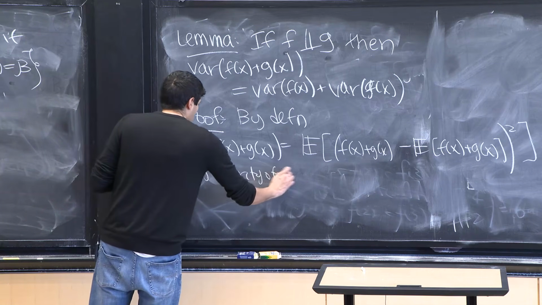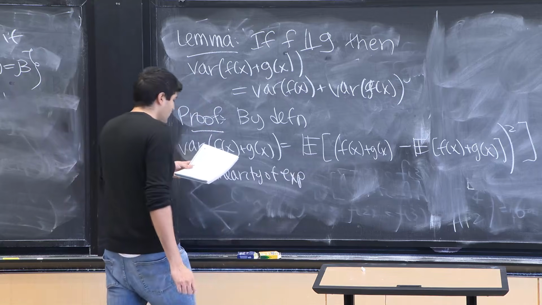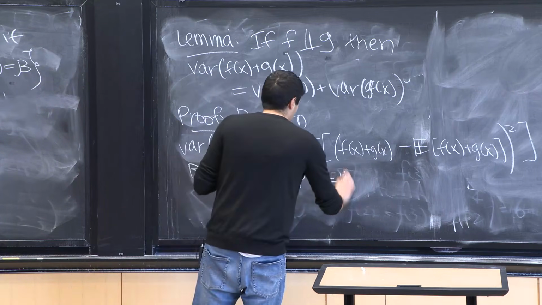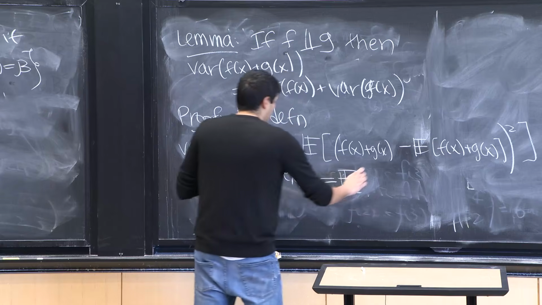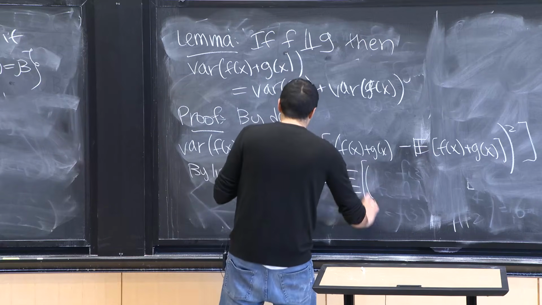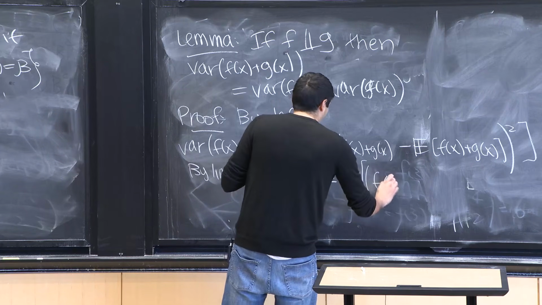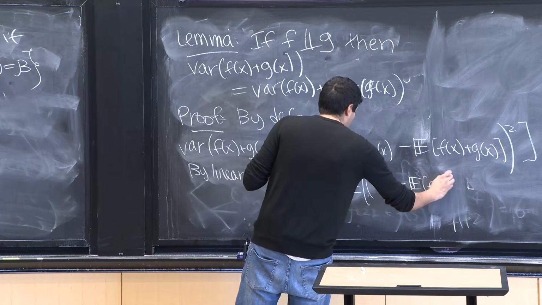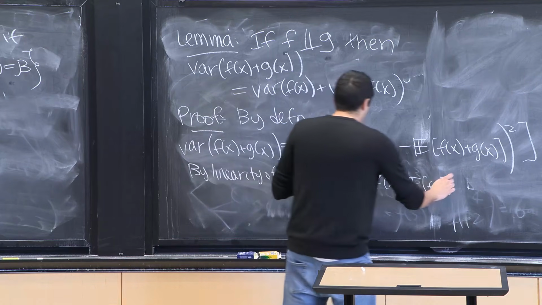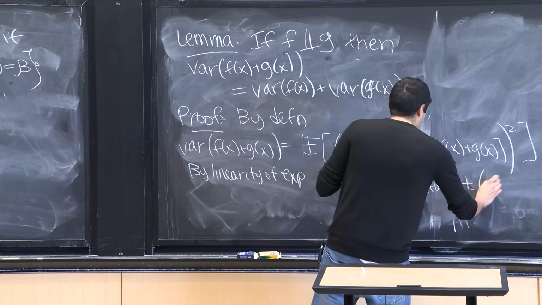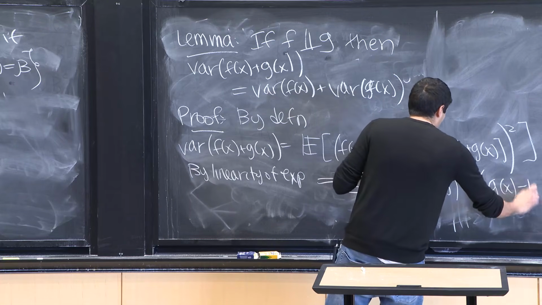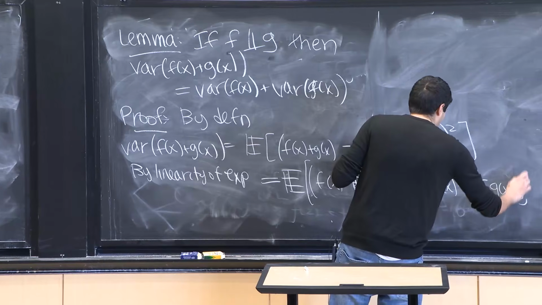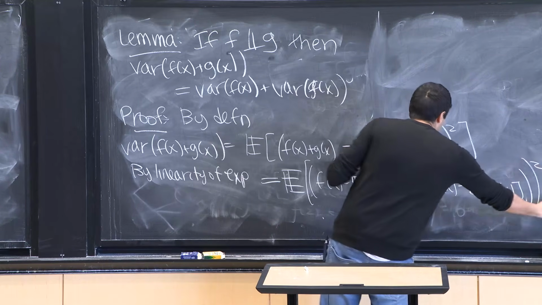of expectation, and we'll get that this entire thing is equal to, well, let's group together terms. It'll be the expectation of f of x minus the expectation of f of x plus g of x minus the expectation of g of x, and this entire thing is squared.